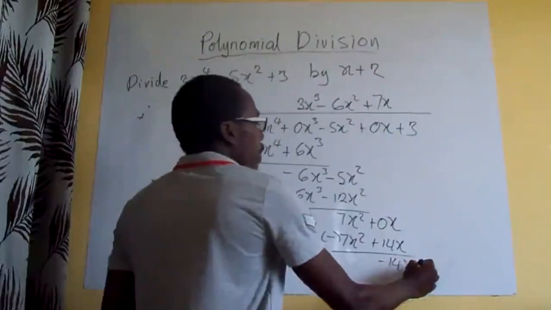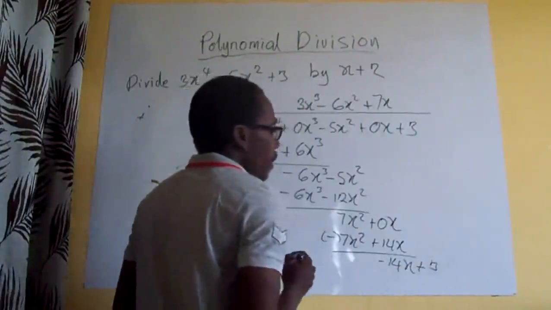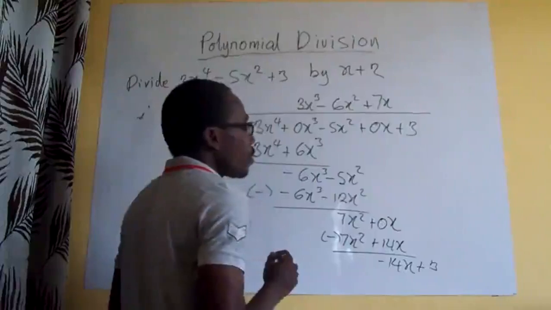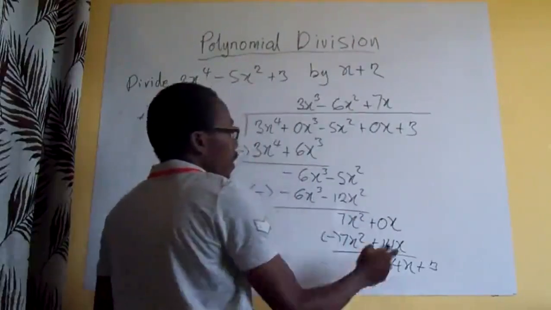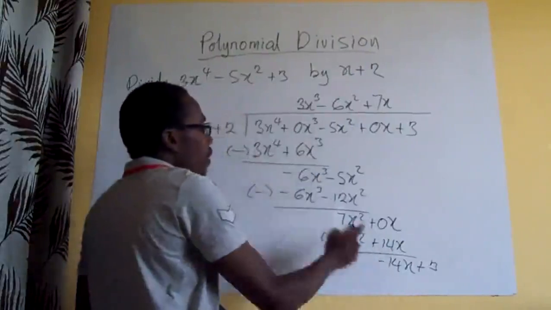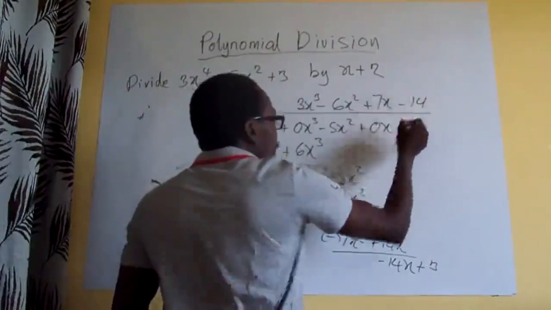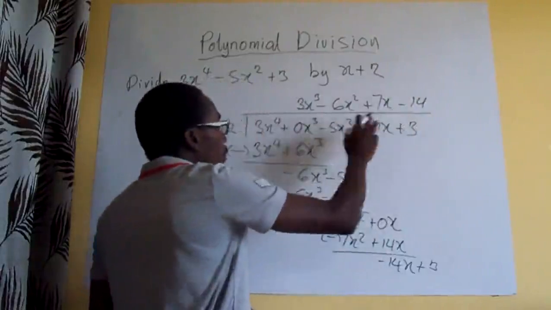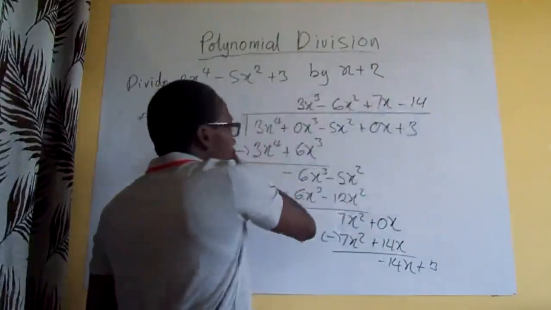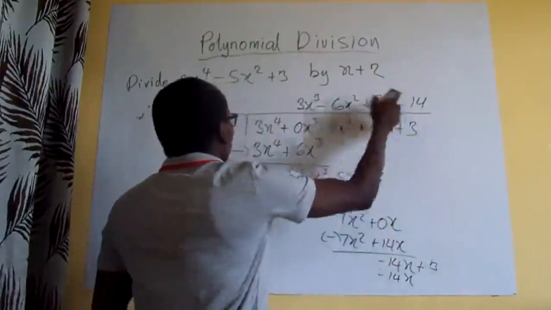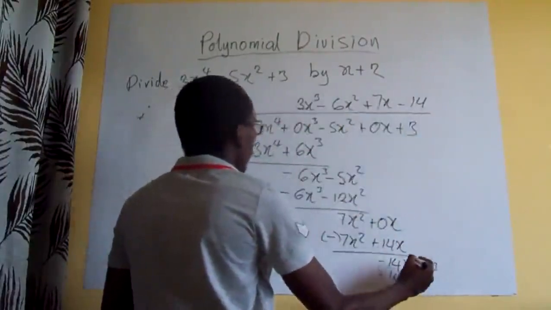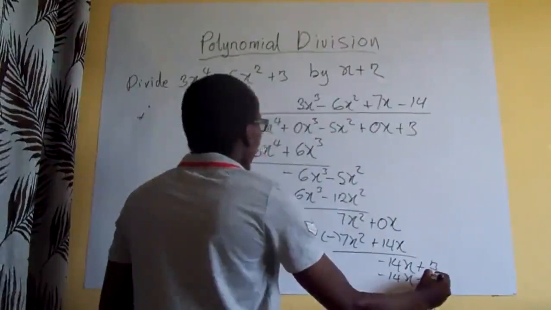Okay, the last term here we bring down, but then we continue by adding, as in you divide this one by this, you get minus 14. And so minus 14 times this gives me minus 14x. This times that also gives us minus 28.